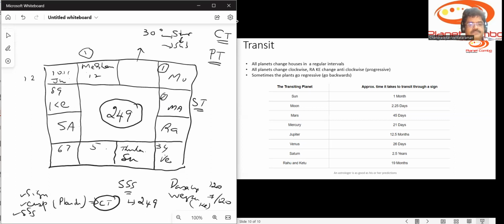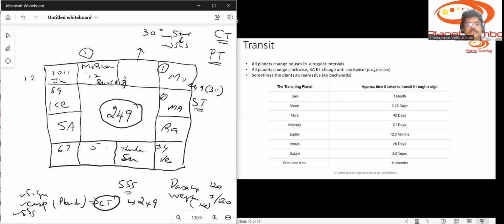So we said that the planets at the time of birth might be in, let's say, 249, row number 3. Okay, moon is in 249, row number 35.